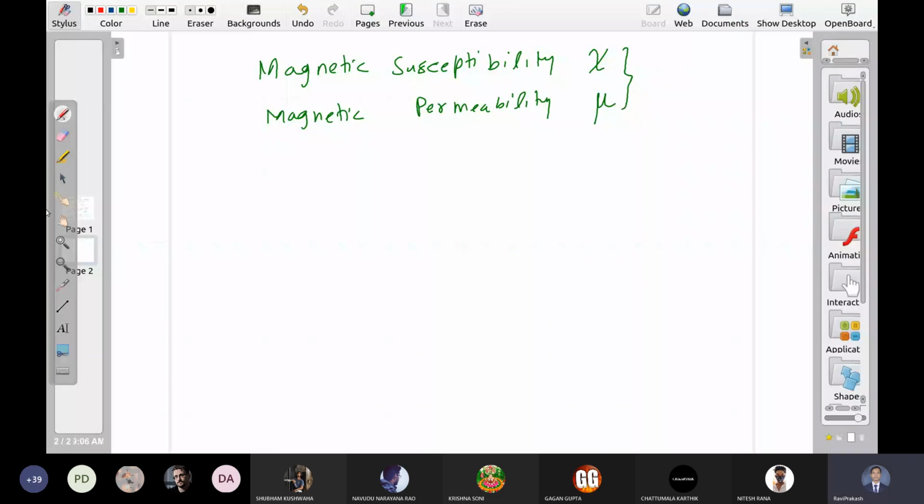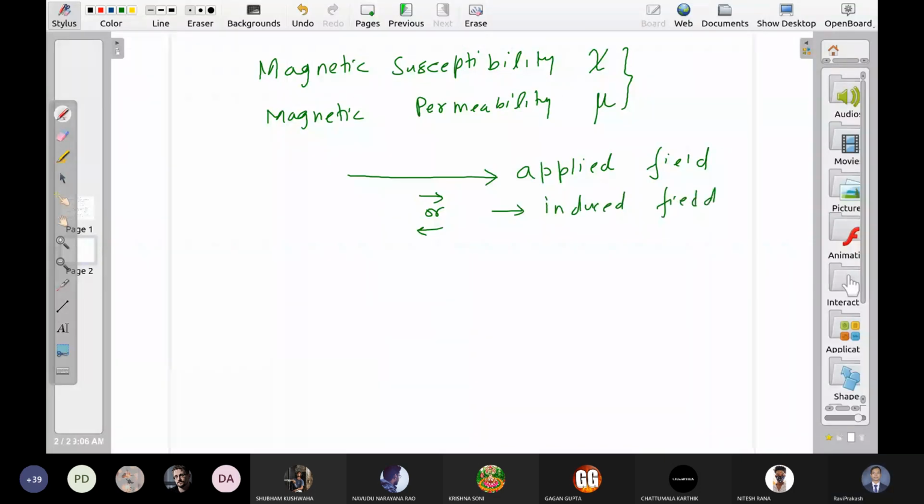So the usual phenomenon is something like this. We apply some field. This is the applied field. Some field is induced, this or this. This is the induced field, and accordingly we get some final field inside the system.